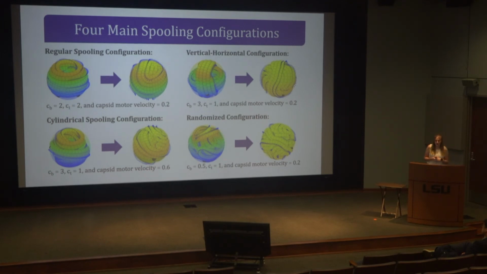We suspect that those energies might flip, so the randomized might be a little bit higher because, like I said before, when the strand is being packed in a randomized configuration, it doesn't have a really nice space to fall into. It's got to push itself around, so that might increase the energy a little bit.